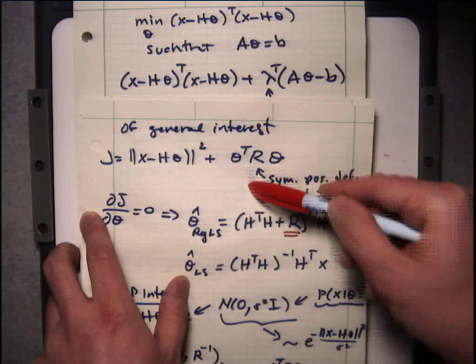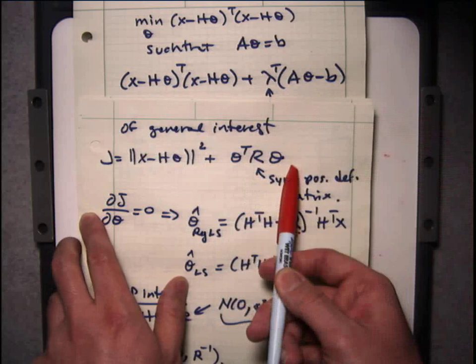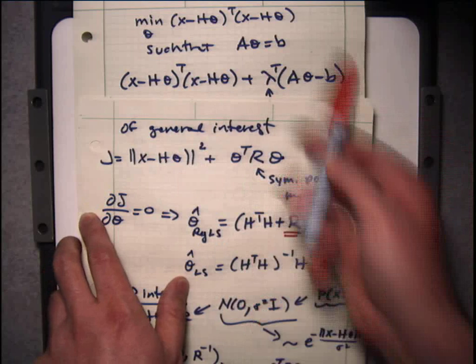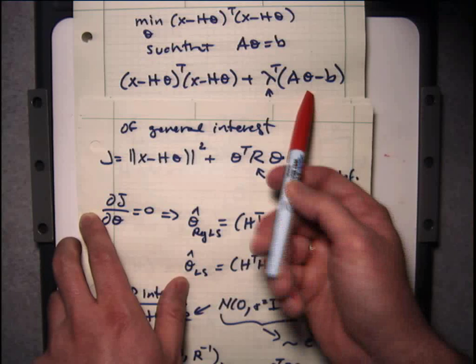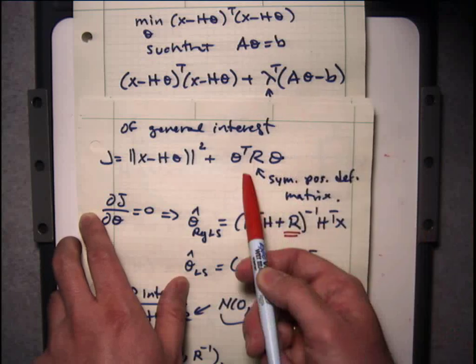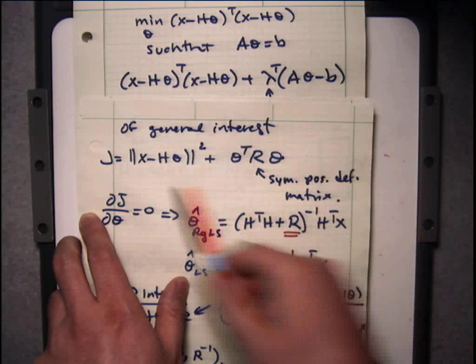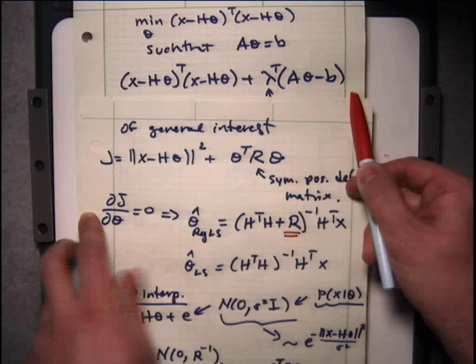The big difference between these two is that this term does not have to be exactly minimized, whereas this one, once I'm done solving, has to be exactly satisfied. So this is a hard constraint. This is something softer. You can think of it as a soft constraint, a sort of milder version of this hard constraint that requires exact satisfaction of A theta equals b.